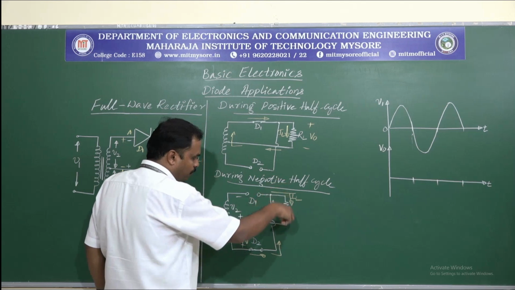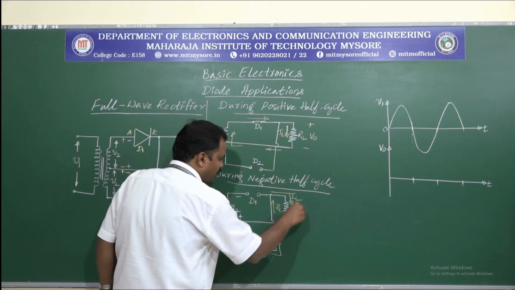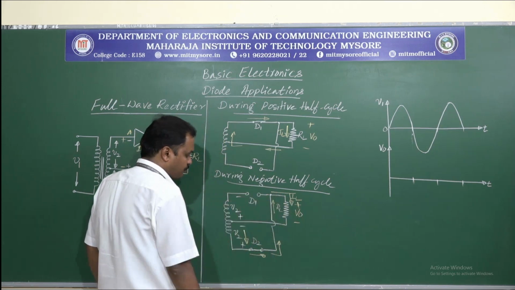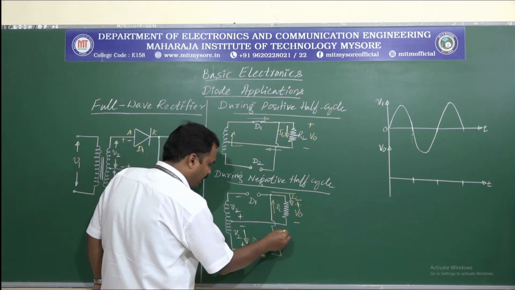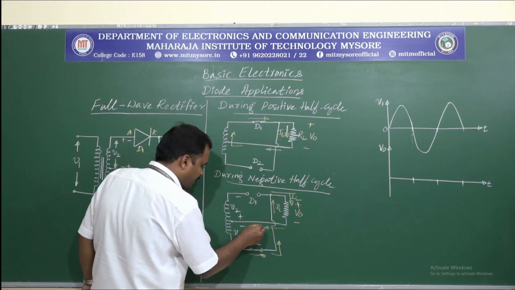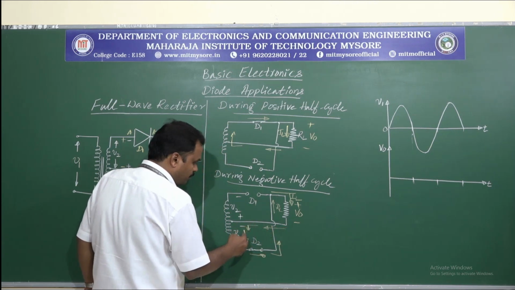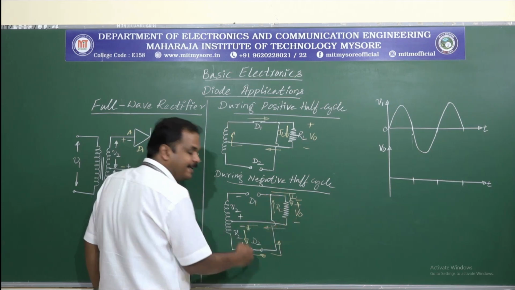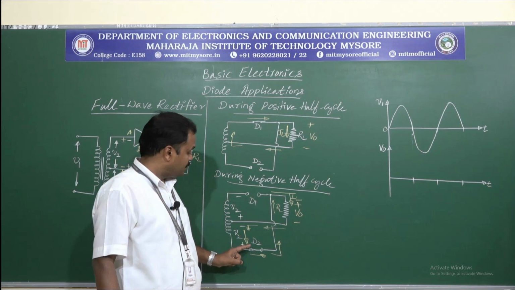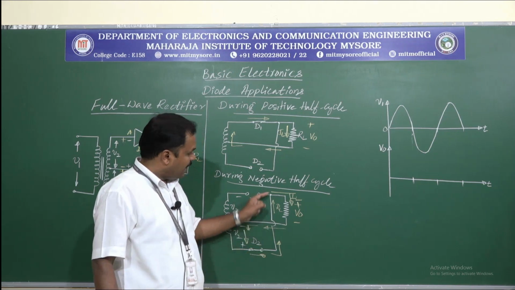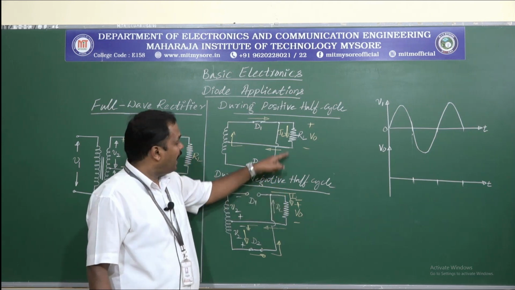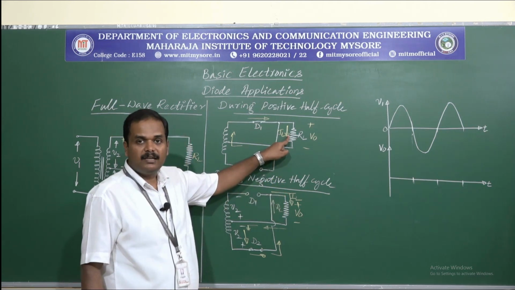Because IL is flowing in this direction, the output voltage V0 with these polarities will be generated and the current comes back in this direction. So here we have a loop like this. So the current during the negative half cycle is flowing through diode D2 and through RL in the same direction as with the positive half cycle.